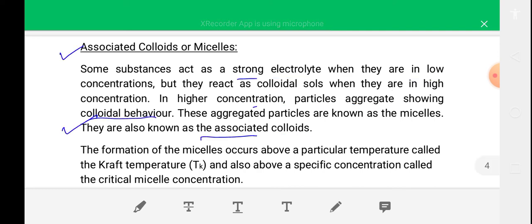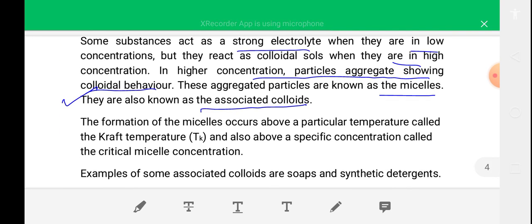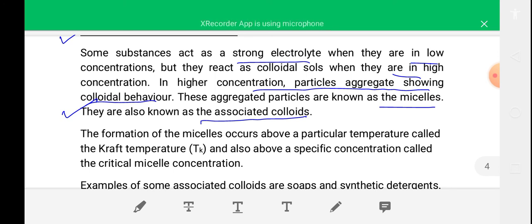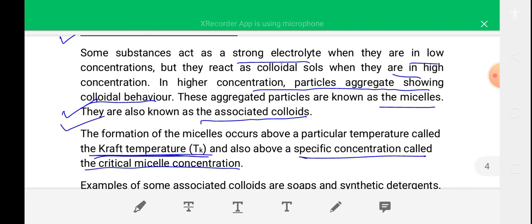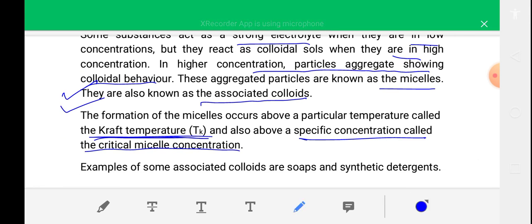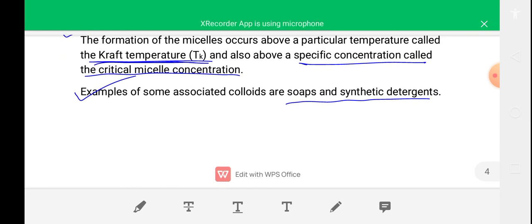The formation of micelles occurs above a particular temperature called the Kraft temperature, and also above a specific concentration called the critical micelle concentration. Examples of associated colloids or micelles: soaps and synthetic detergents.